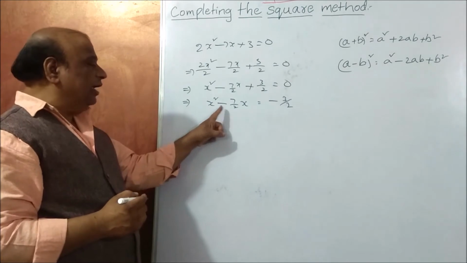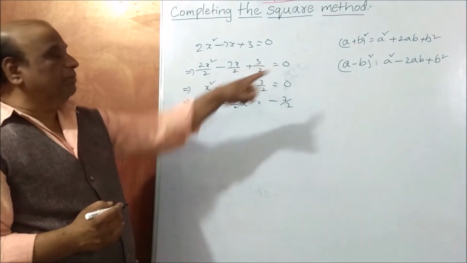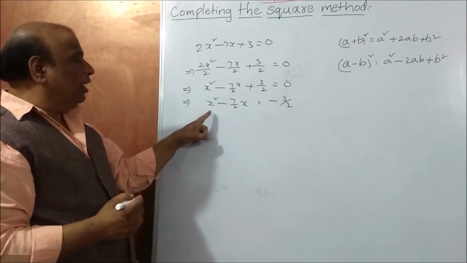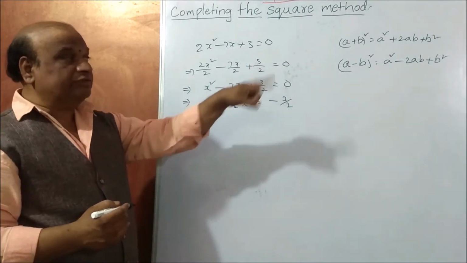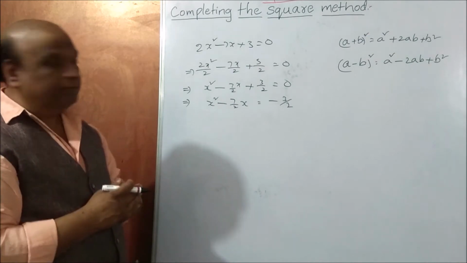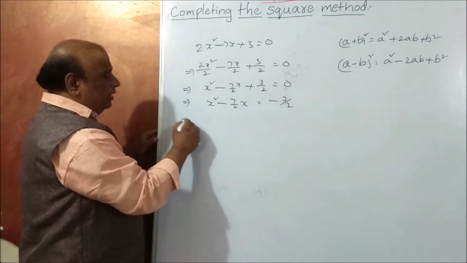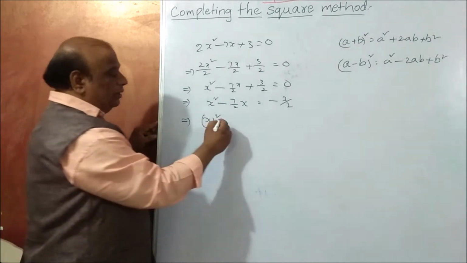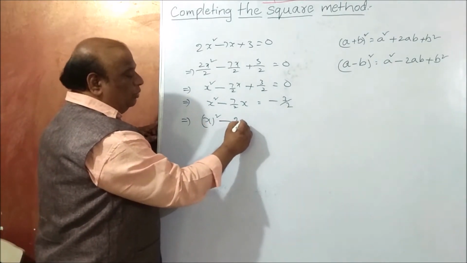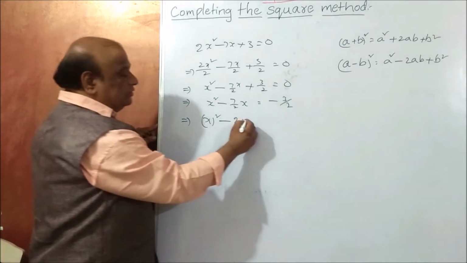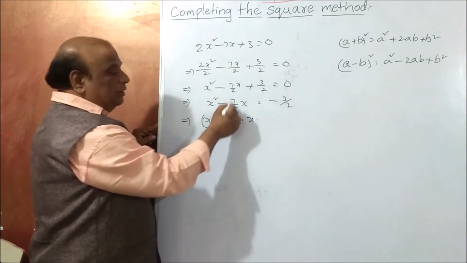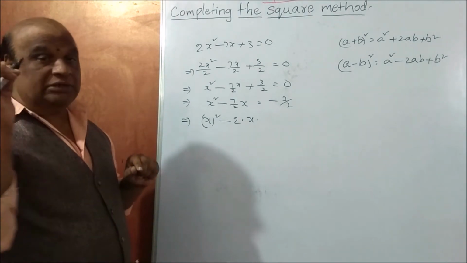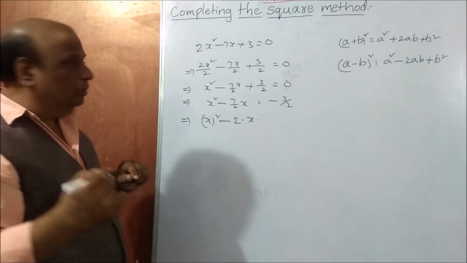Now it is a square minus 2ab plus b square, here you see minus is there. We have to arrange these terms into a square minus 2ab plus b square. How is it? First x whole square minus 2 into a, that is x. Here actually b is 7 by 2. What is the formula? B by 2.